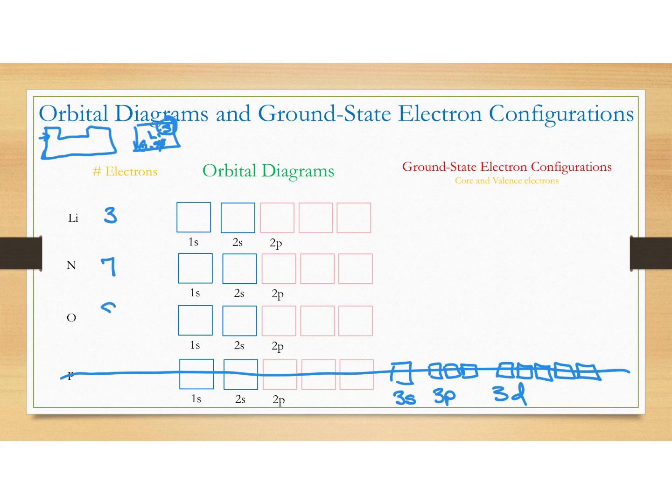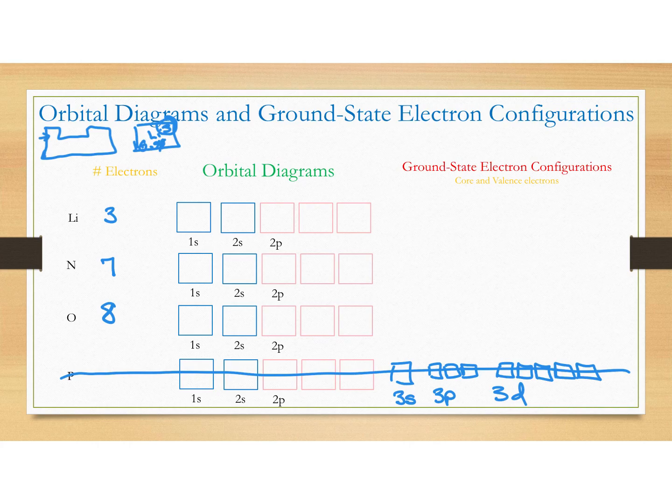So oxygen has 8 electrons. Now we're going to determine the orbital diagram for each one of these. We've already established that they are all in period 2, except for phosphorus, which is in period 3. Because it's in period 3, we need more boxes, so we can't solve that one quite yet.